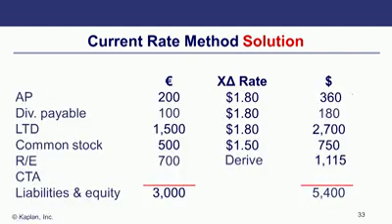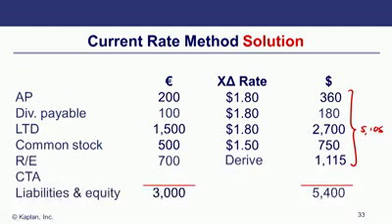Now look at the issue that we have. If we total this, it's not going to add to 5,400. So let's actually have a look at what we've got. So 360 plus 180 plus 2,700 plus 750 plus 1,115, and actually we get to 5,105.